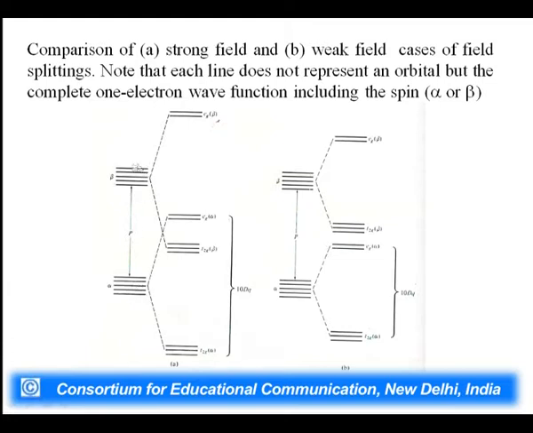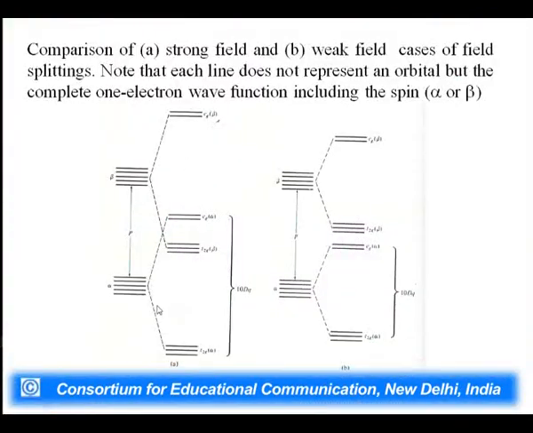If alpha is clockwise, beta is going to be the anti-clockwise spin state. I have written these two spin states as separated by the pairing energy, because whenever pairing takes place, in every system there is going to be a clockwise spinning electron and an anti-clockwise spinning electron. So these spin states are going to be separated by the pairing energy.